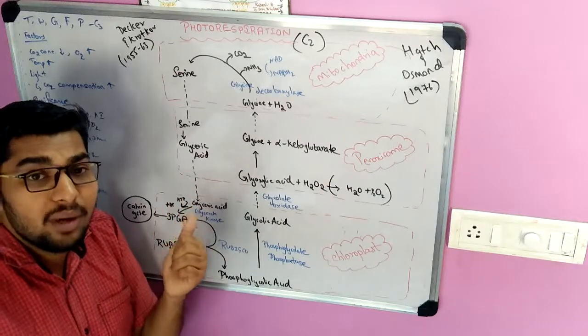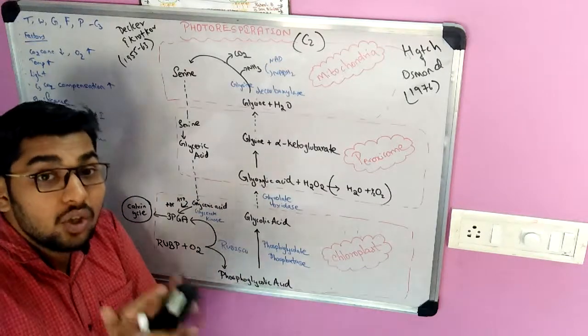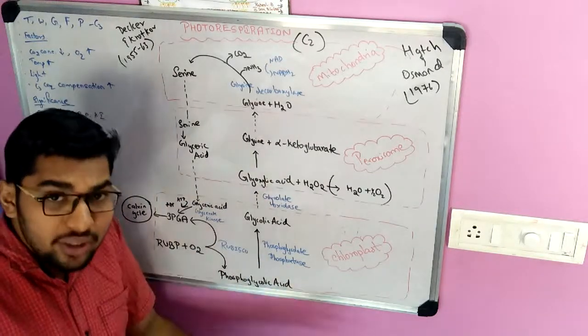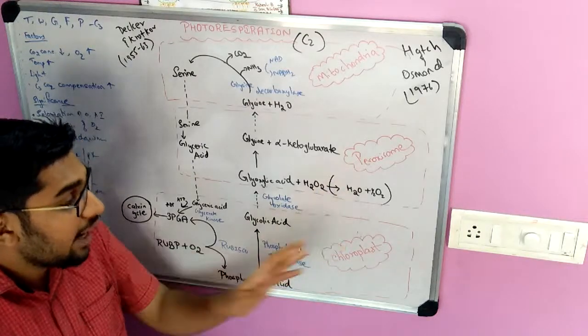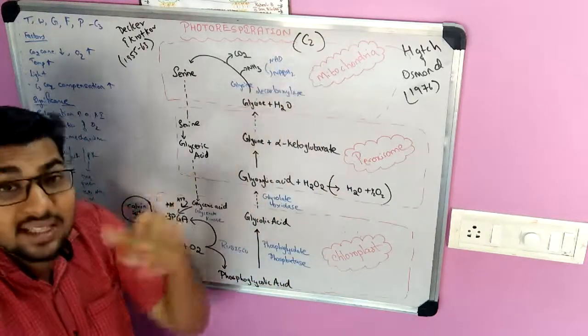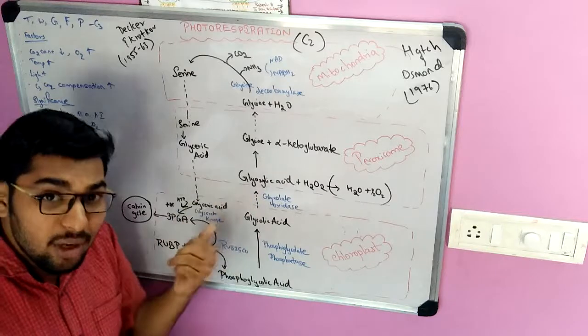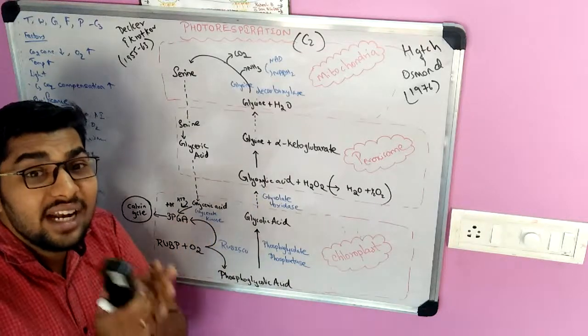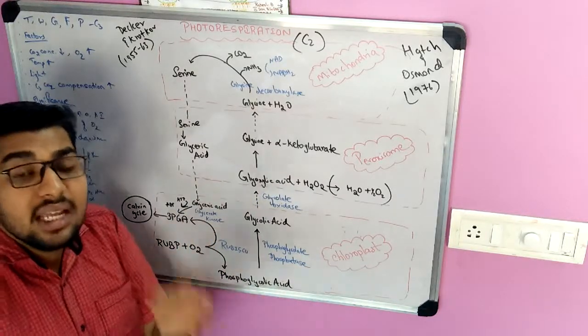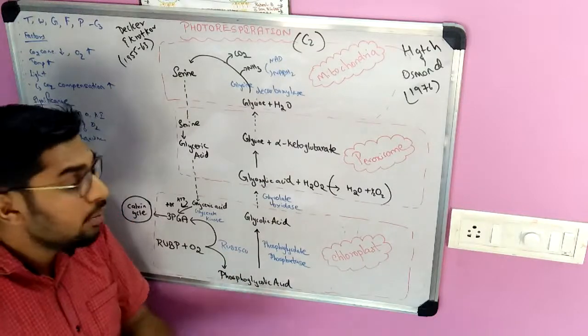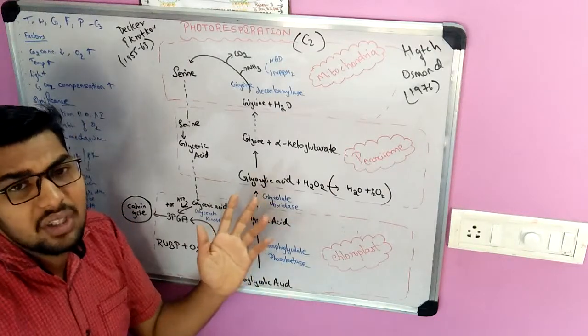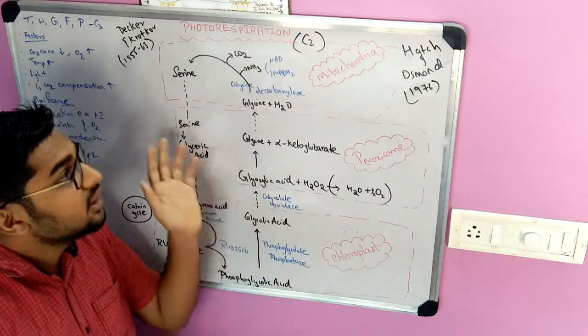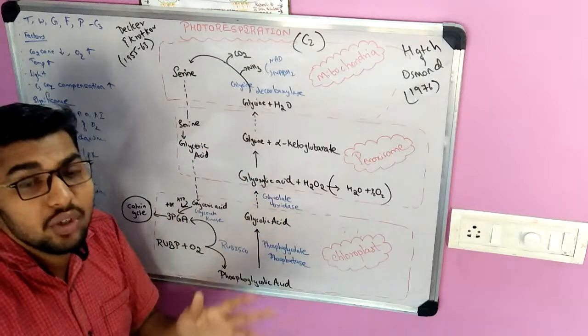In normal respiration, no hydrogen peroxide or ammonia is formed. Here you can see hydrogen peroxide and ammonia are liberated. In normal respiration, 38 molecules of ATP are formed, but here no ATP molecule is synthesized at all. So this is the difference between respiration and photorespiration.